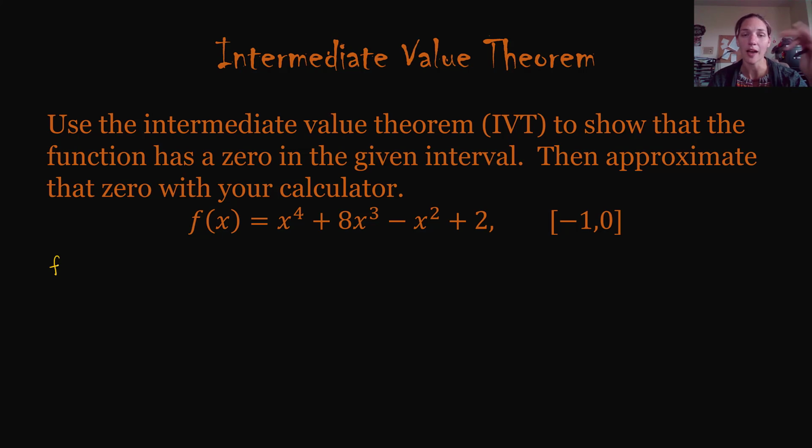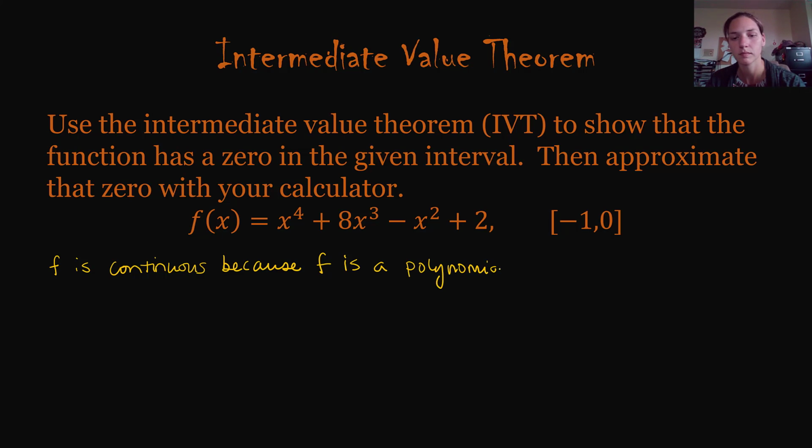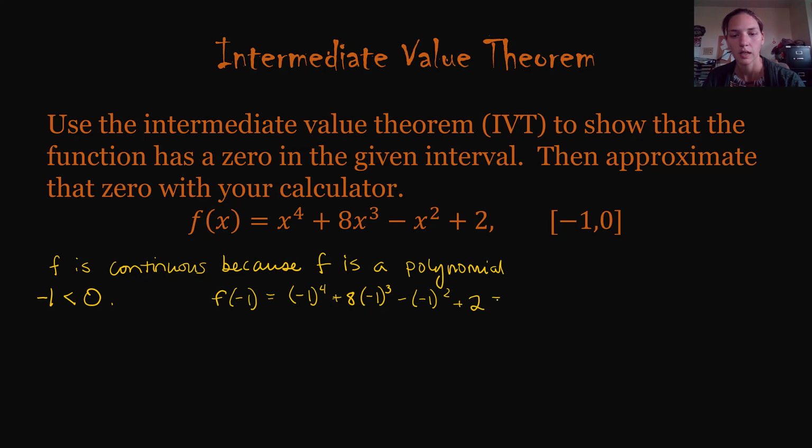So we're going to use the intermediate value theorem. We have to meet the conditions, right? f is continuous because f is a polynomial, and -1 is less than 0. f of -1, if we sub it in, I get 1 minus 8 minus 1 plus 2, which is -6.